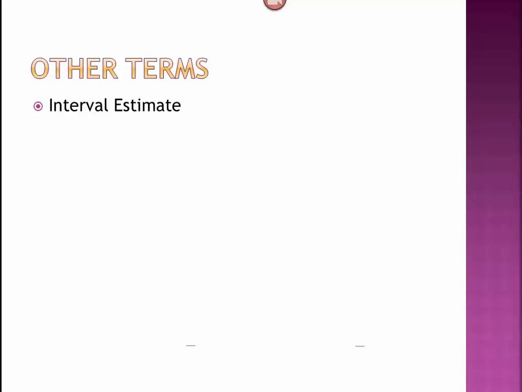Some other terms we want to get familiar with that'll lead us into what we want to accomplish in this section. The first idea is called an interval estimate. If we go out into the population, collect a sample, and calculate the mean of that sample, obviously that mean is most likely not equal to the population value, and you would probably agree with that.